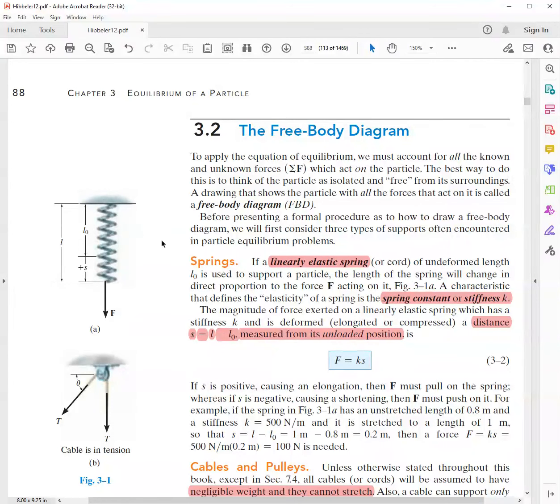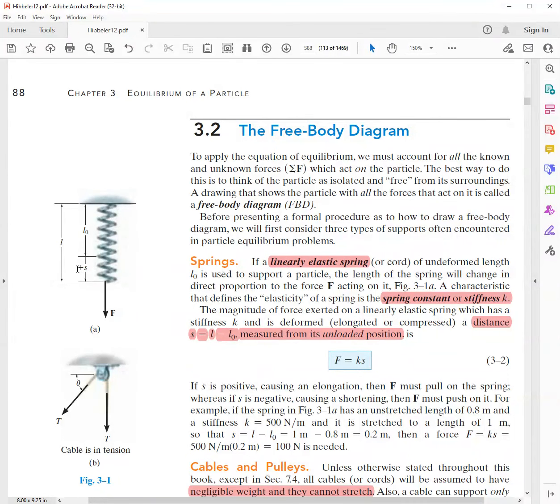For example, if we have a vertical spring suspended with a mass hanging at its end, we're going to show the weight of that body acting at the end of the spring, causing it to increase in length.